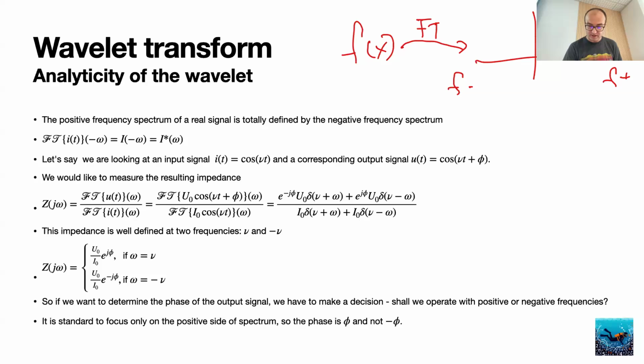And usually when we have real functions, the spectrum is symmetrical. But if I have a complex function in the time domain, and I go to the frequency domain, the spectrum doesn't have to be symmetrical. So analytic functions are those functions that are zero in the negative domain. So fine, who cares? This is actually really important.